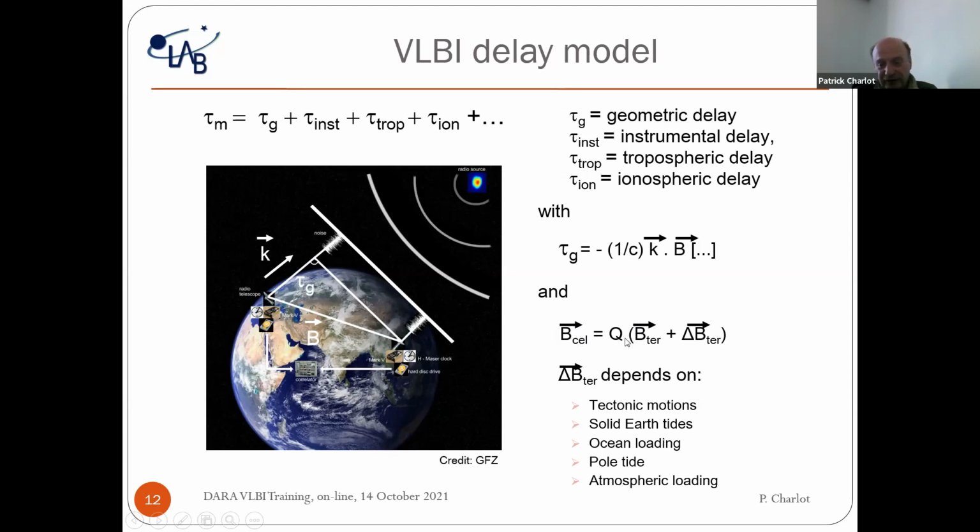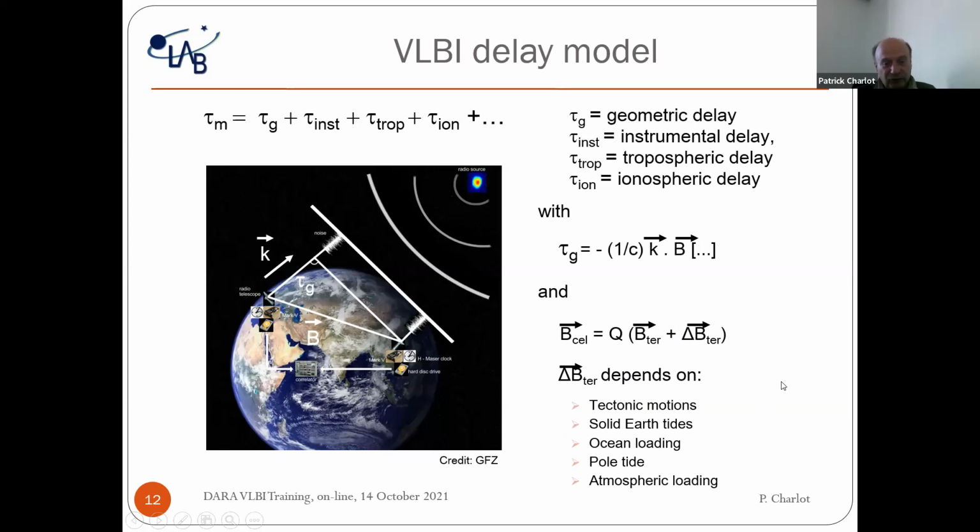You have a matrix transformation, called Q, which takes into account the Earth's rotation to do this. I will not go into details, but besides this transformation, you also need to apply some corrections to your vector B, because your positions are not fully stable.